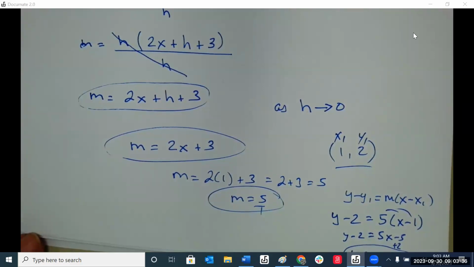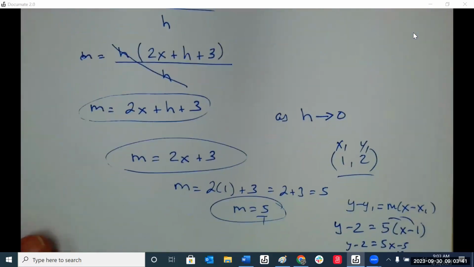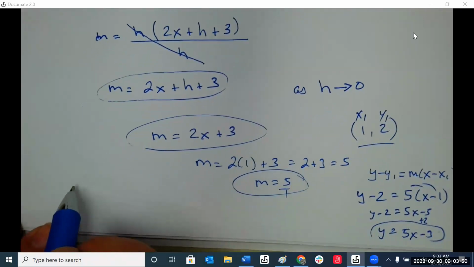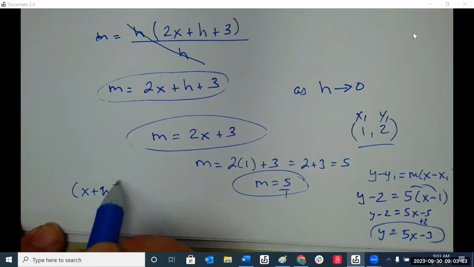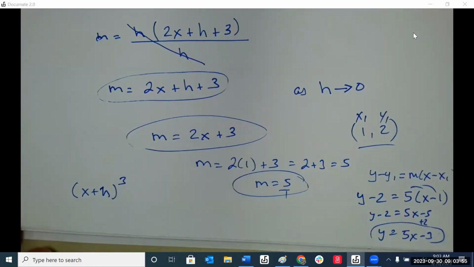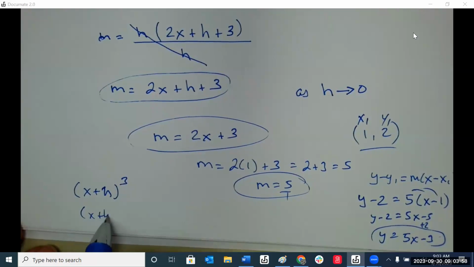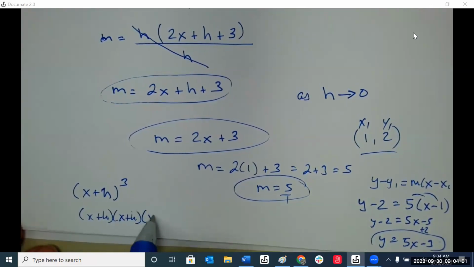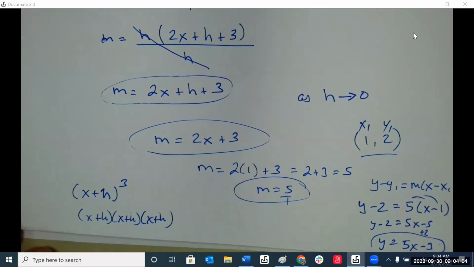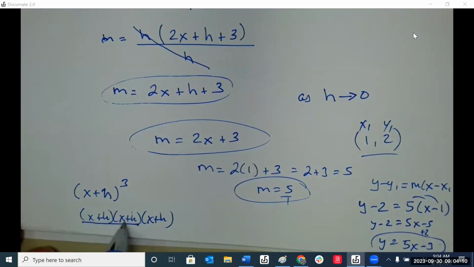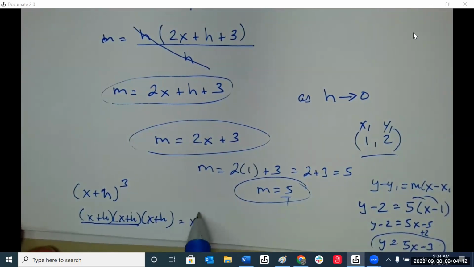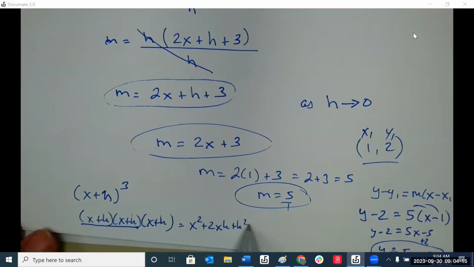What upsets me is a lot of times, because we haven't talked about the foiling part yet, they do it in chapter 2. I think they even have a question that looks like this. It's a cubic equation. So you would have to do this. We first do this, and that would give us our x squared plus 2xh plus h squared.